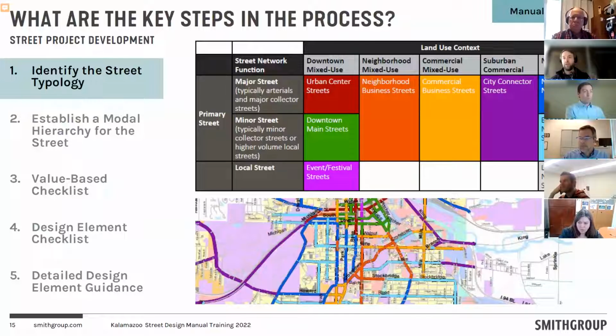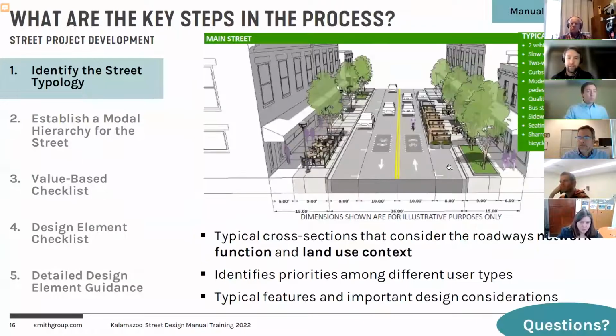So are there things we can be thinking about to design those streets differently so that even if they are picking up some of that through traffic, they're sensitive to the residential context and the neighborhood context that they're going through? So that's how the street typologies are organized.